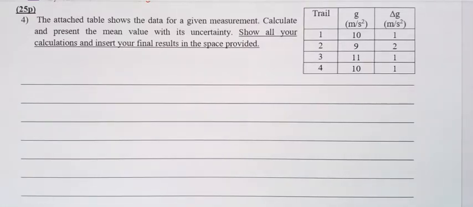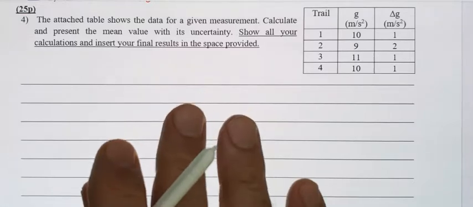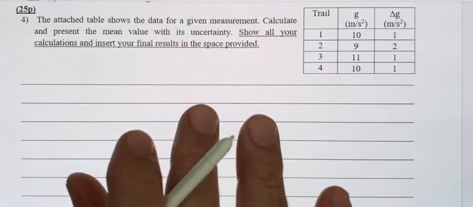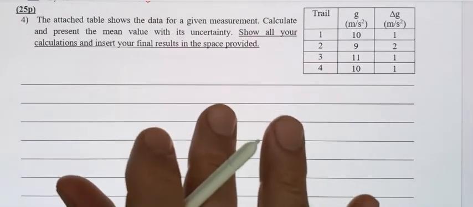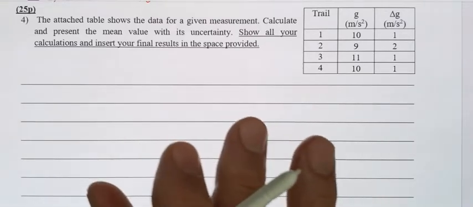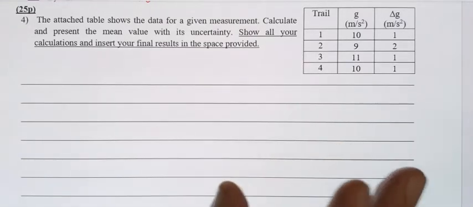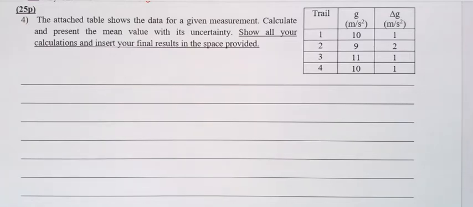I did the same example in the error and measurements video with 3 numbers. So we apply the same rule, but now for 4 numbers. I will just start the solution, and then I advise you to look at the video for error and measurement, where there is a complete example to do this kind of error calculation.